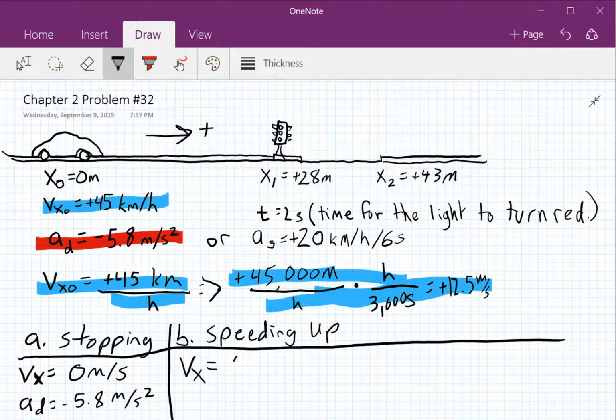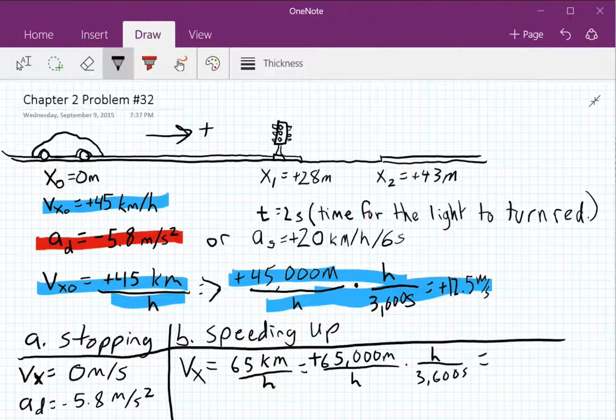You have 1 hour on the bottom, take an hour on the top, divide it by 3,600 seconds, you'll get meters per second. Okay, don't forget that 65 is positive because you're still going past the light zooming. Okay, so you're going to get positive 18.06 meters per second for that final velocity.